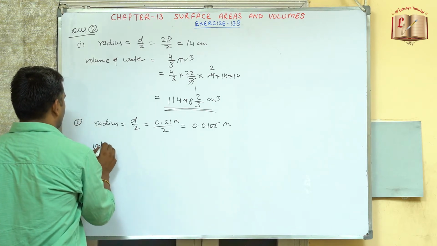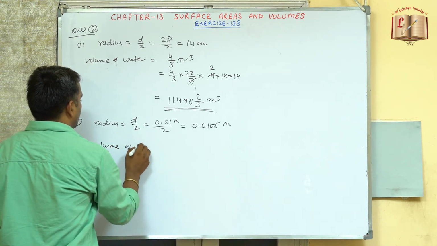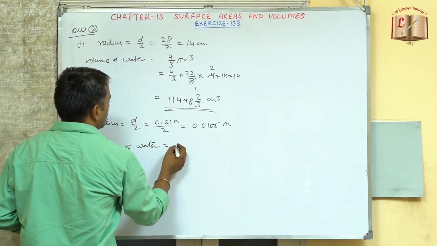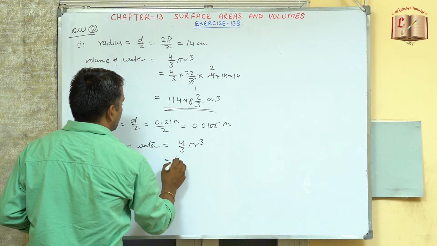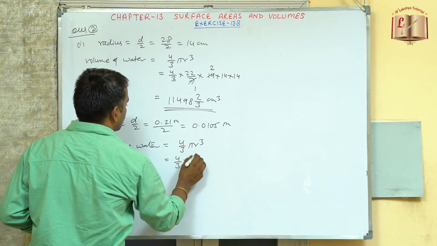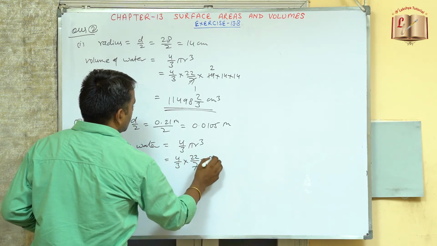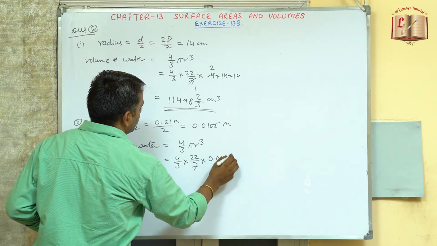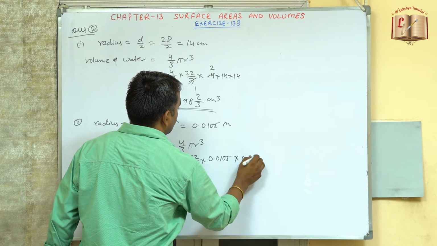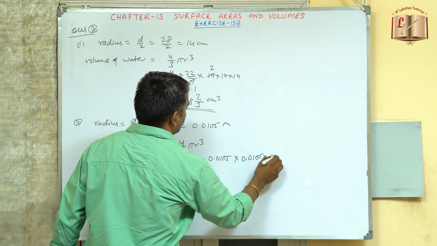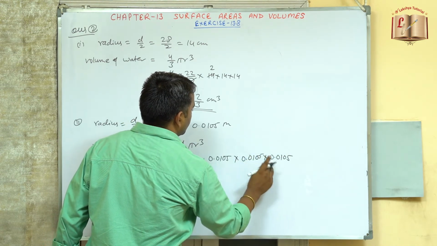So now the volume of water will be equals to the 4 by 3 pi r cube, means 4 upon 3 into 22 by 7 into 0.0105 into 0.0105 into 0.0105.